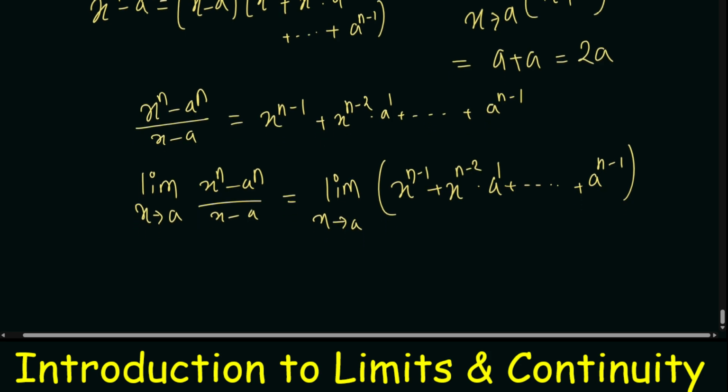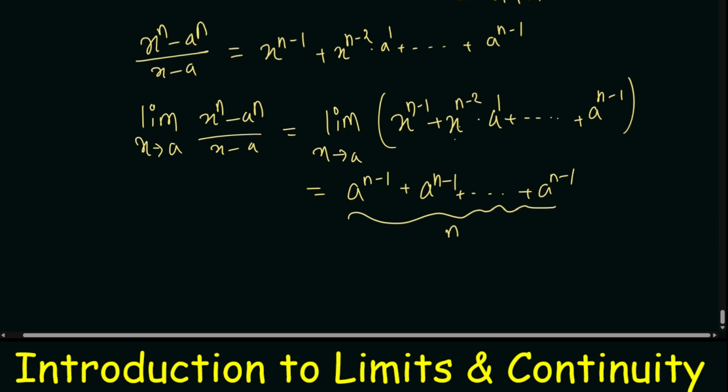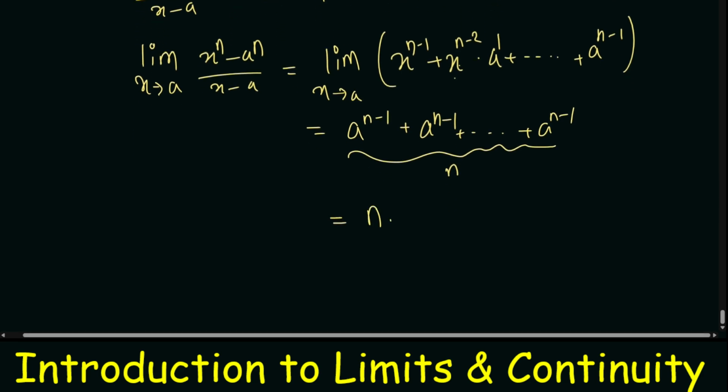As there are n terms here, when you put the value x equals a in each of the x's in each successive term, you simply get a bunch of a to the power n minus 1s, because you can see the powers always add up to n minus 1, even if you put a in place of x. So each of the values is a to the power n minus 1, and there are n of them. So we can simply write n into a to the power n minus 1. And this completes the proof.